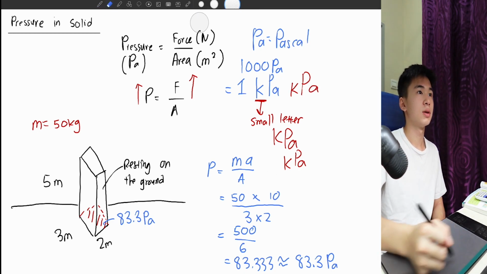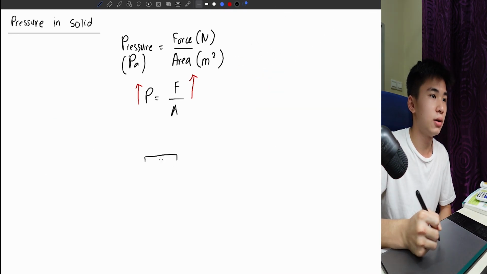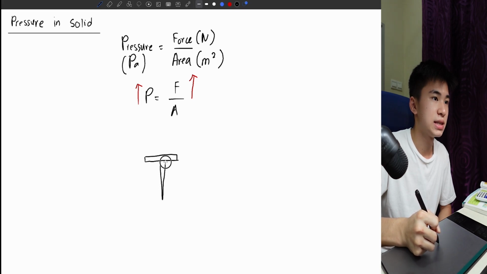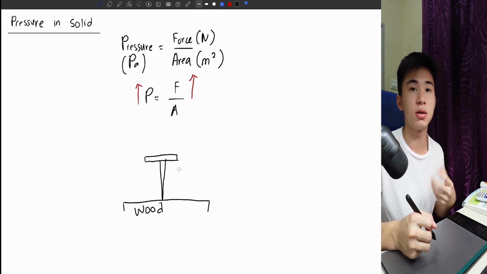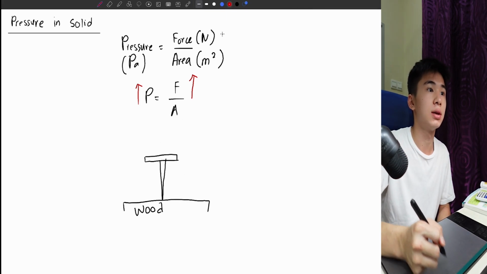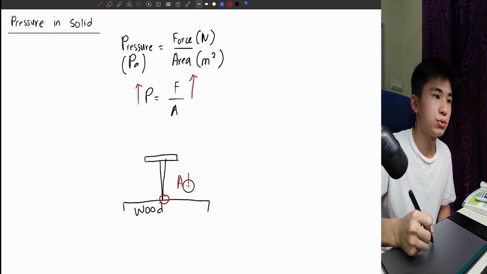Okay, so let's try another example. Here is a metal nail, and this is a wood. The reason why a metal nail is easier to hammer is because the tip of the metal nail right here has an extremely low area.